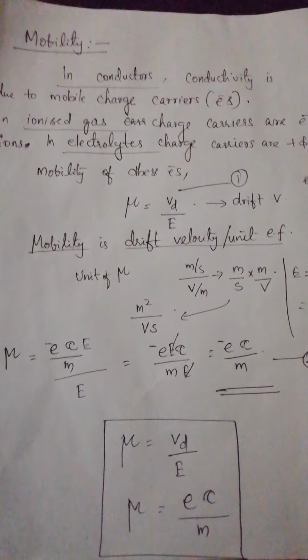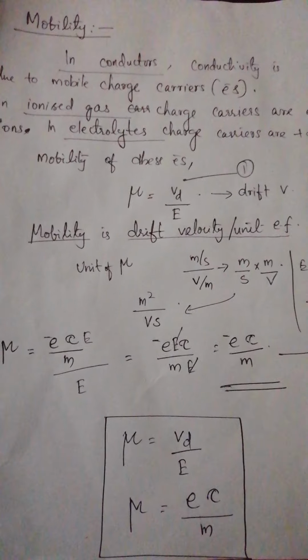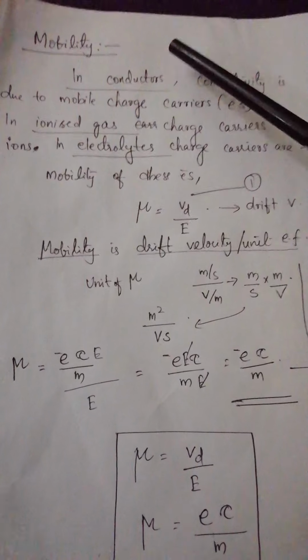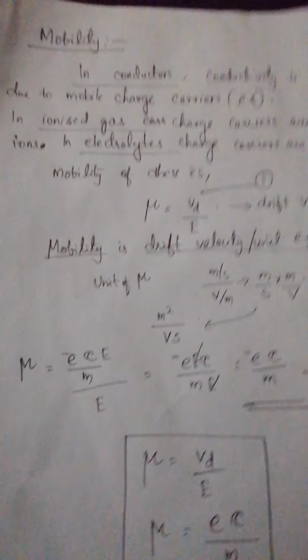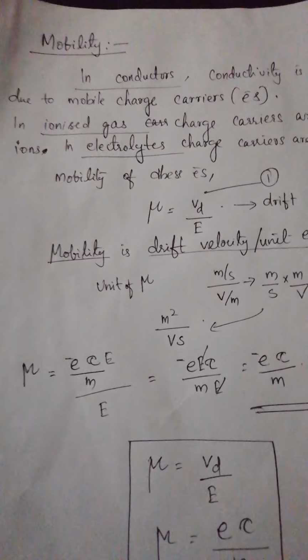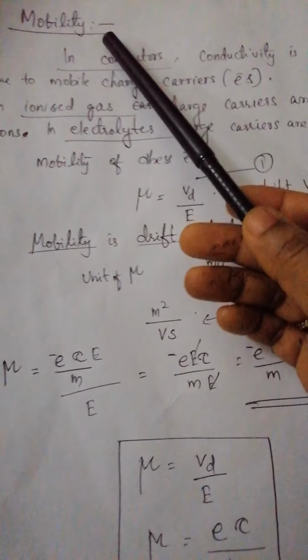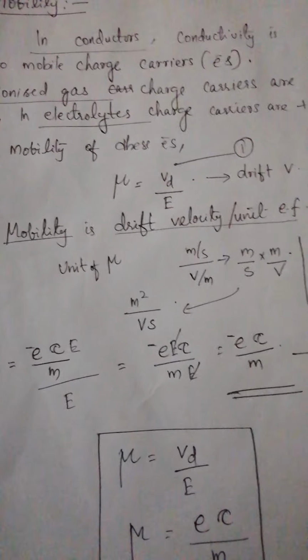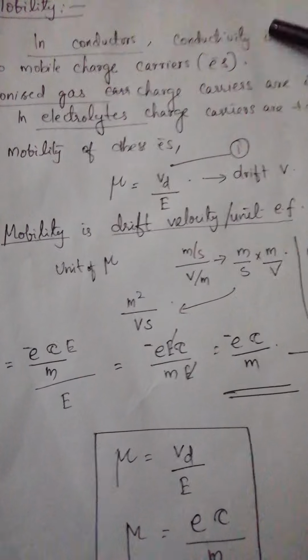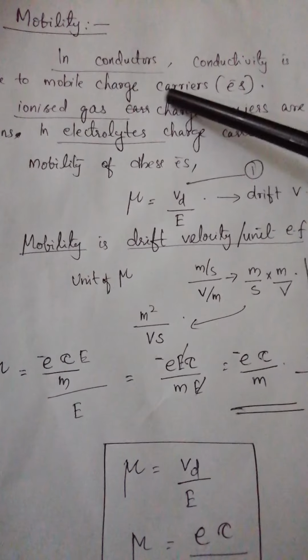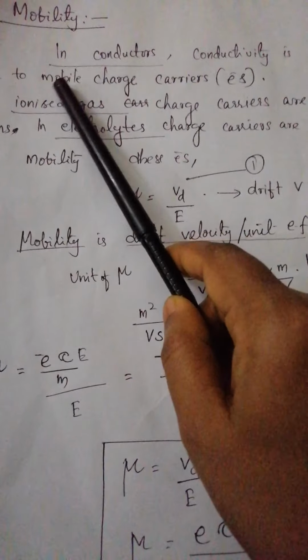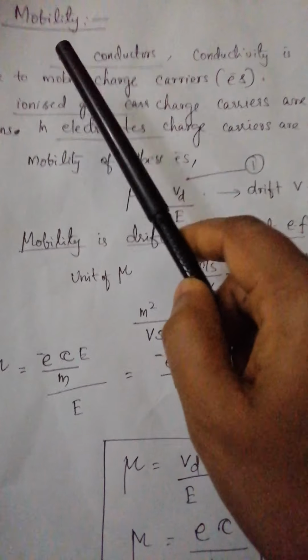Now let us discuss the mobility of electrons. What do we mean by mobility? In conductors, conductivity is due to mobile charge carriers. Mobile means they are in motion.